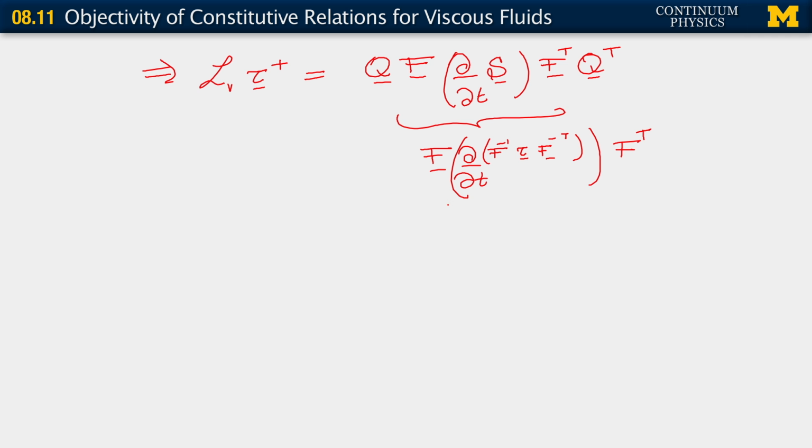But this is just the Lie derivative of tau. So what we've demonstrated is that the Lie derivative of tau plus is indeed Q times the Lie derivative of tau. Okay, indeed it is objective.